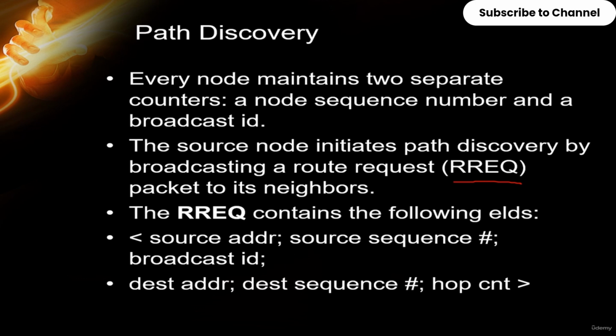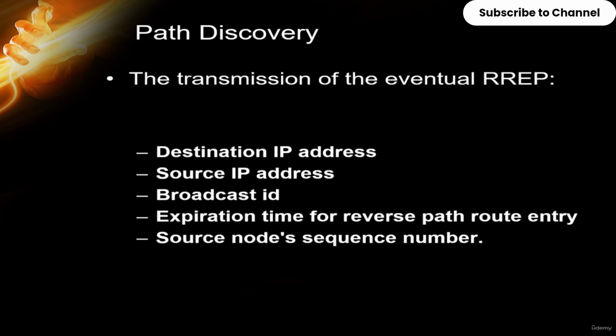Each neighbor either satisfies the RREQ by sending a route reply. So if the particular node has a response, then it sends the route reply message. It says, I have a route for you to communicate to the particular node. Like that, a route reply message will be sent by the neighboring nodes.